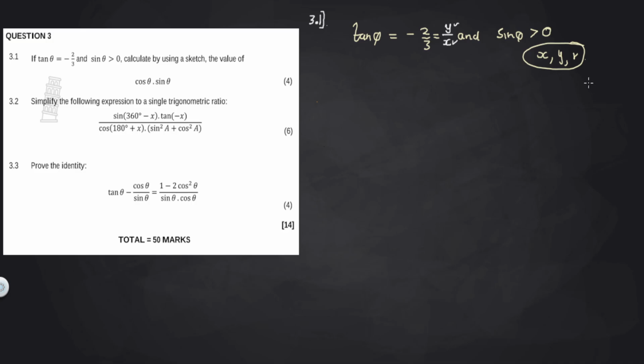Now we need to figure out the triangle we're going to use to apply SOHCAHTOA, which depends on the quadrant. We are looking for the quadrant where sine is positive and where tan is negative. Is it the first, the second, the third, or the fourth quadrant?